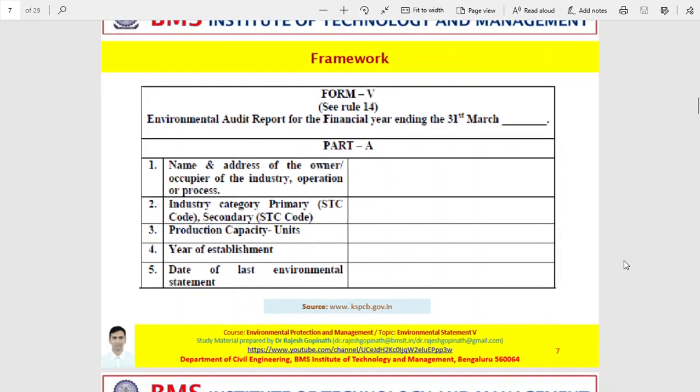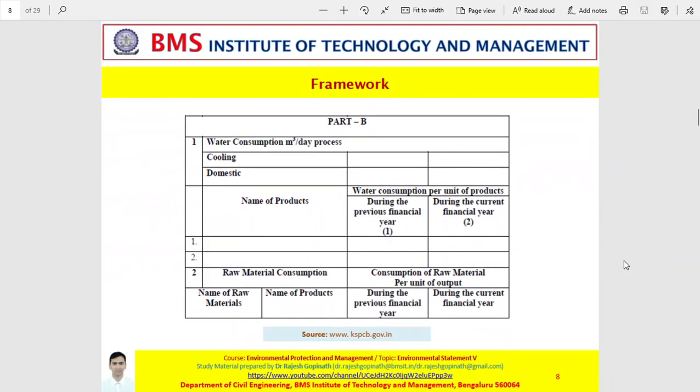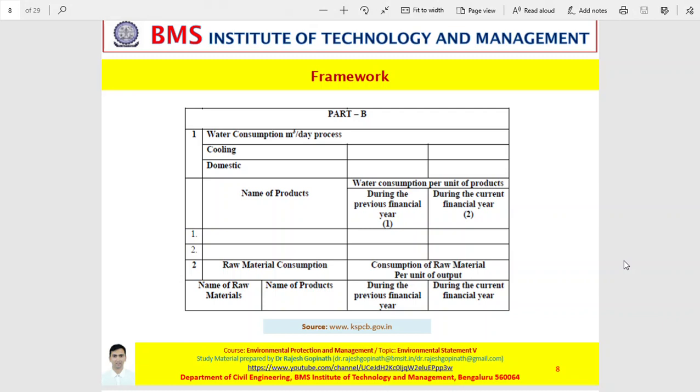Moving on from part A to part B in slide 8, this speaks about consumption of natural resources such as water and any other raw materials as applicable to the industry.